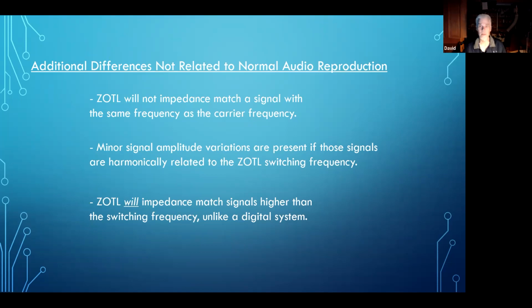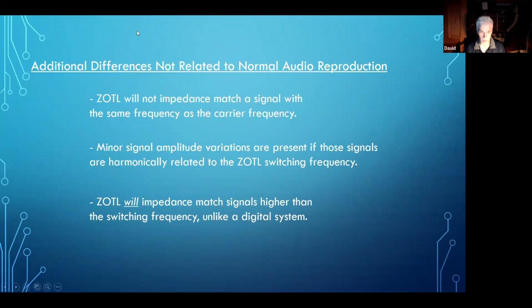Most of the carrier frequencies I use are 250 kilohertz to 500 kilohertz, usually toward the lower end of that now. So if I'm using a 250 kilohertz carrier, I can't impedance match a signal which is 250 kilohertz. The circuit just fails.